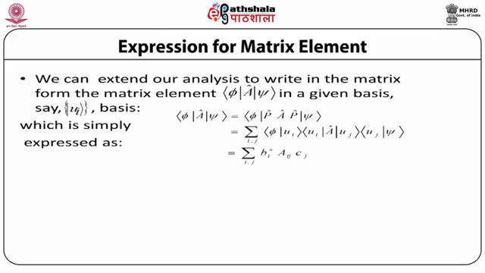Then square matrix A11, A12 and so on, A1i and so on, A21, A22 and so on, and A2i and so on. Then coming down to further rows, Ai1, Ai2 and so on, Aij and so on, and then going down further. And the column matrix C1, C2 and so on, Ci and so on.